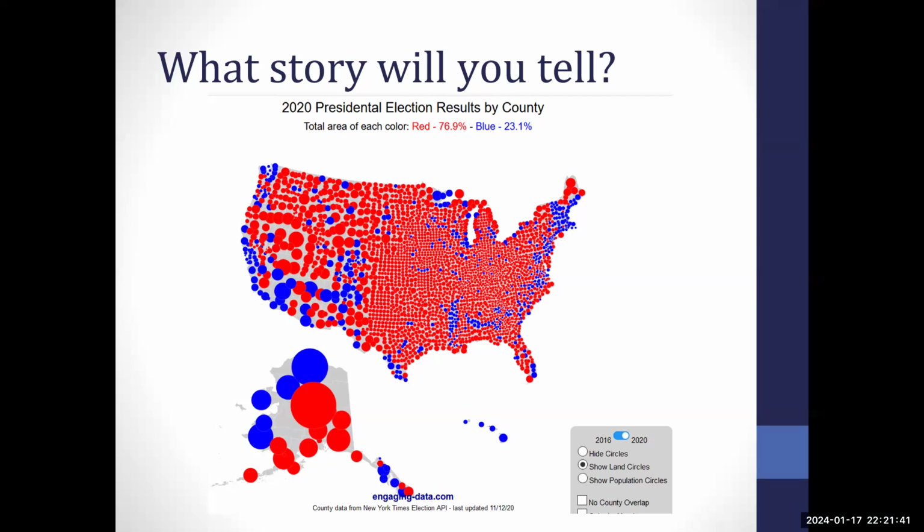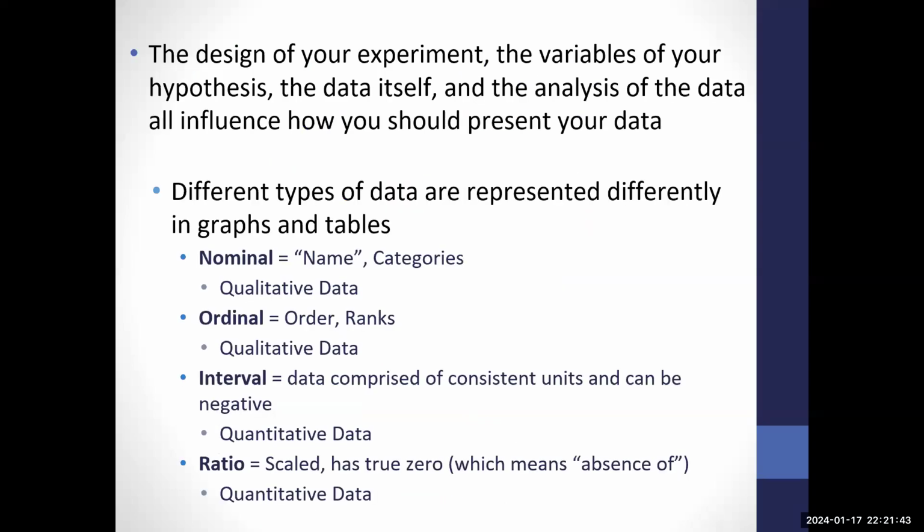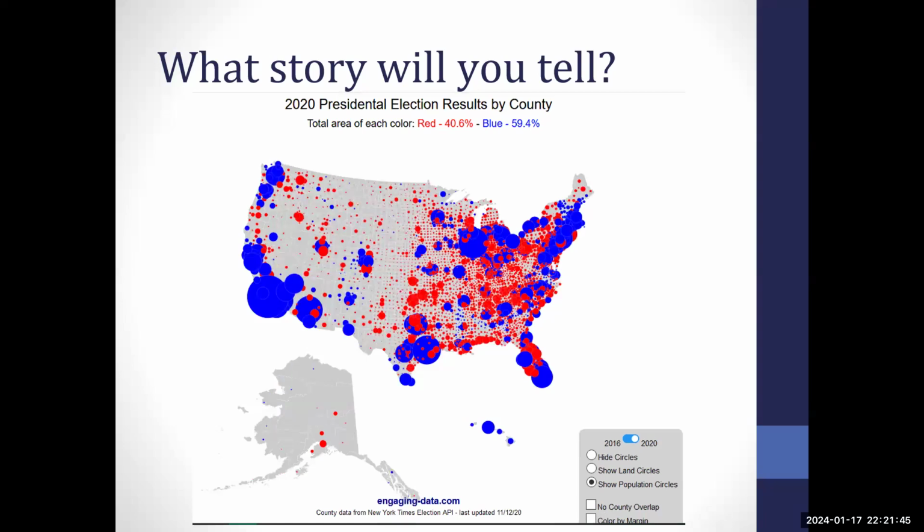But if we look at the next graphic, you can see that instead of just representing the county, we're now looking at the number of people or the population size of that county as represented by the size of the circle. Both maps actually show the same real data set, but they're just displaying the information differently.